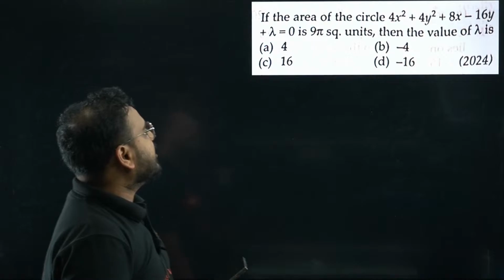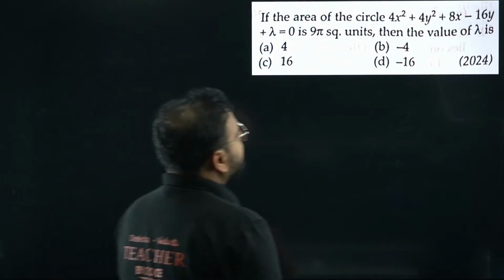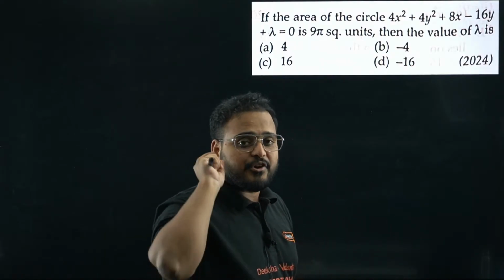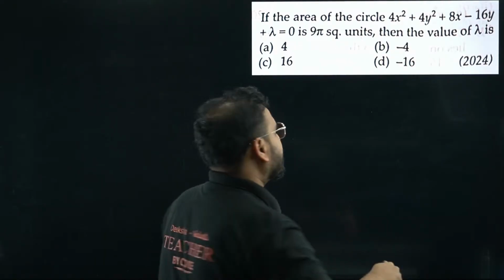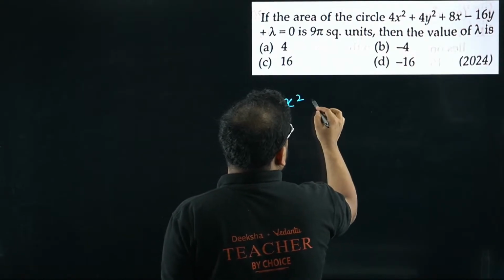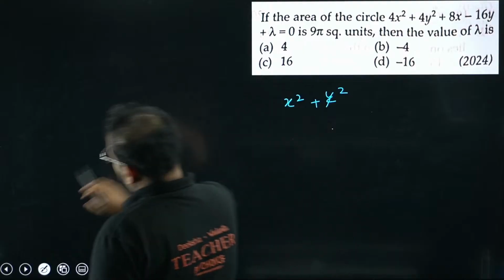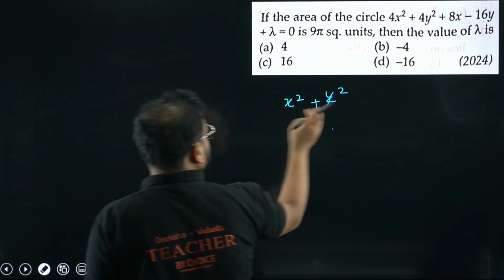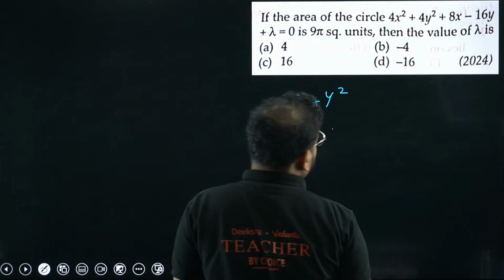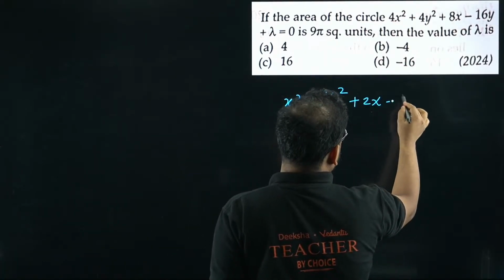Okay. If the area of the circle 4x square plus 4y square plus 8x, so this is the general form of the circle. What do you do in this? One thing is to make the coefficient of x square as 1. Divide by 4, you get this as x square plus, of course, y square here as well.